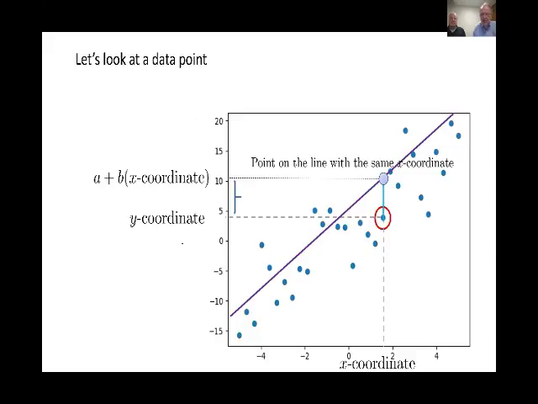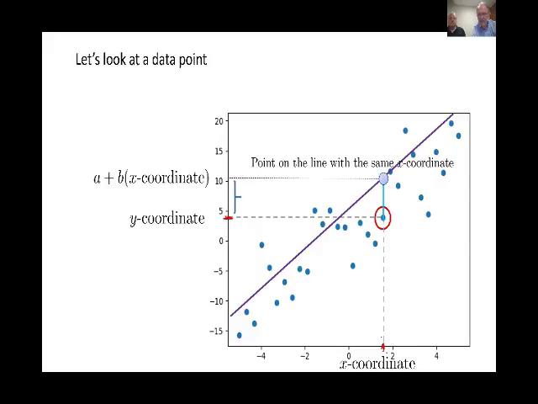thing I've drawn here. The purple thing is a line, and then I have these data points spread all over the plane. And so I want to measure how far the data point is. This is the one with a red circle around. This is one of my data points. How far is that from lying on the line? Well, my data point has an x-coordinate that's down here and a y-coordinate, which is here.